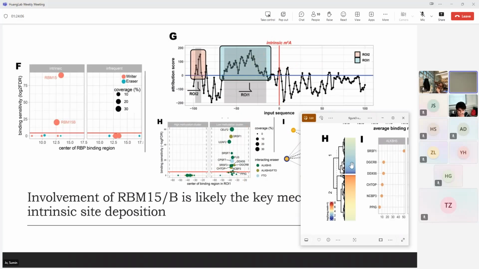So the likelihood of the demethylation process among this low methylation cluster is higher than this high methylation cluster. Even though they are all methylated by the same methyltransferase complex helped by RBM15 and 15B, this cluster is more likely to be demethylated due to this binding. That's the conclusion here.